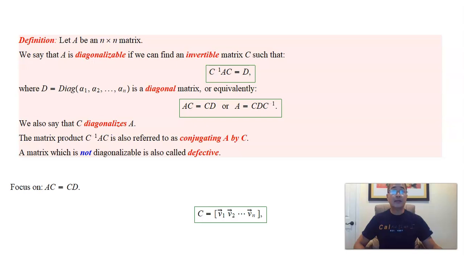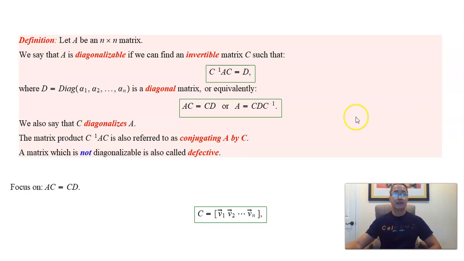There are two equivalent ways to write out the equation in this definition. We can move C inverse to the right by multiplying both sides of this equation by C. When it moves to the right, it becomes C times D, and on the left, we have left behind A times C. Now we can go one more step. We can move the C on the left to the right by multiplying both sides of that equation by C inverse.